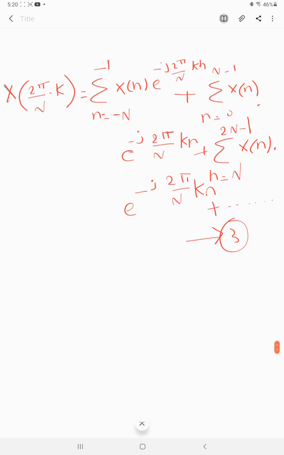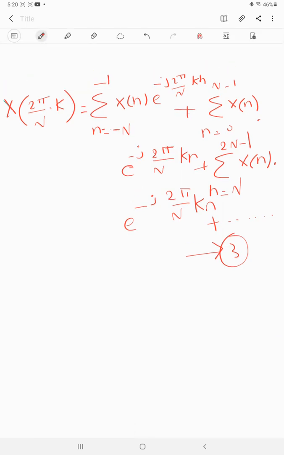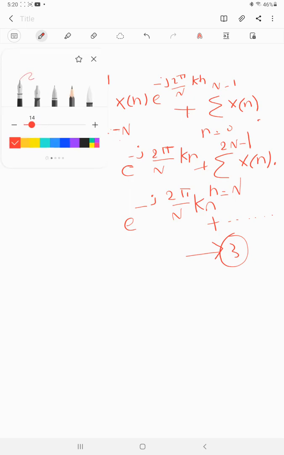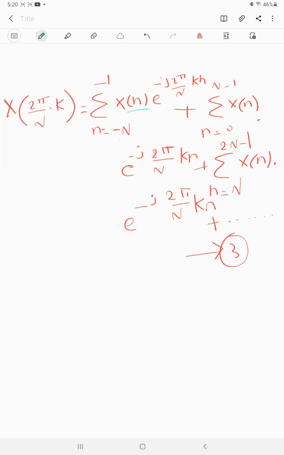That is, X(2π/N · k) is equal to summation of n equal to -N to -1 of x(n) e^(-j2π/N · kn), plus summation of n equal to 0 to N-1 of x(n) e^(-j2π/N · kn), plus summation of n equal to N to 2N-1 of x(n) e^(-j2π/N · kn), and so on up to infinity. Here this is called equation 3.